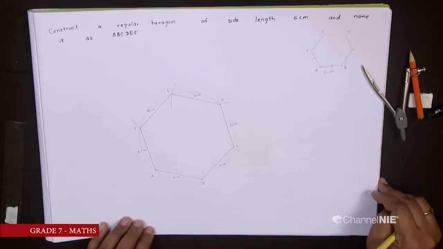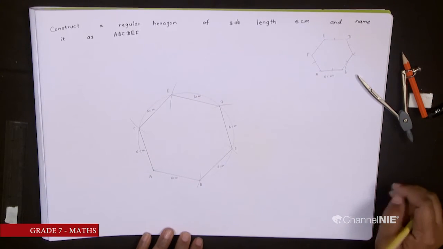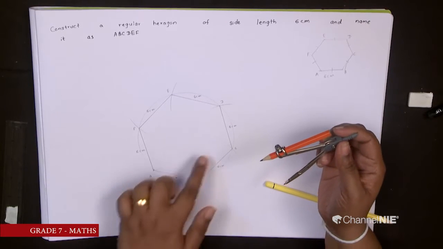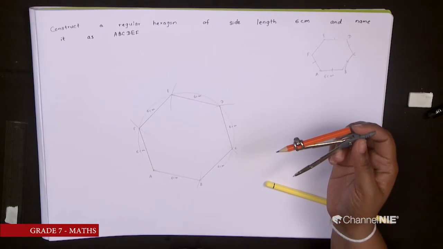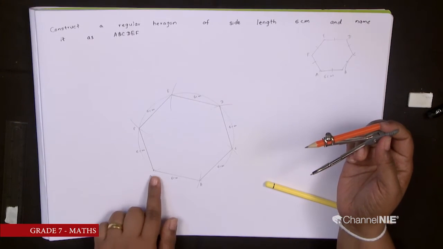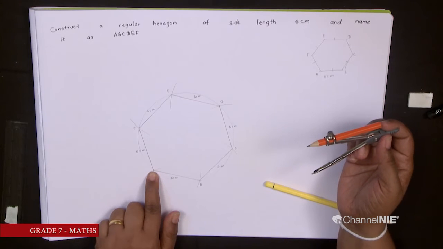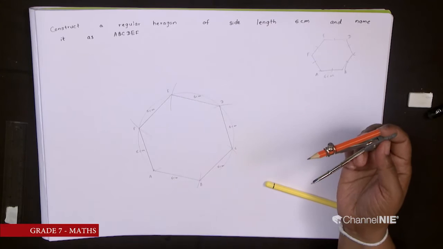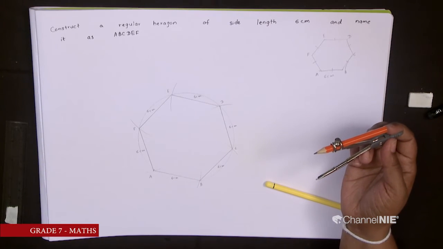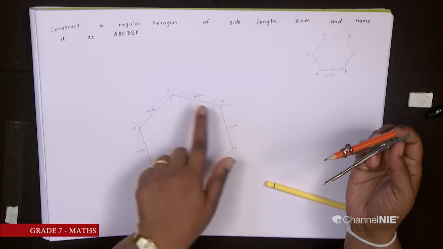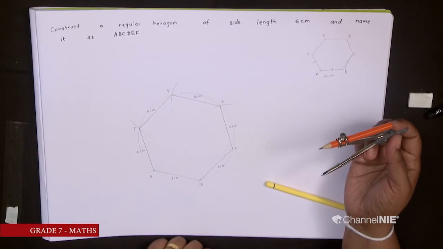Right. Once again, I'll tell you what we did right now. I got 6 centimeters to my pair of compasses, drew a circle taking 6 centimeters as the radius. Then I have marked a point on the circumference of the circle, drew arcs to intercept the circumference of the circle and constructed 5 more points on the circle.